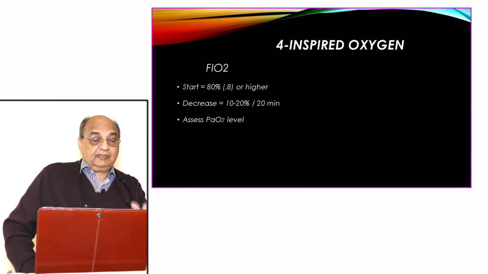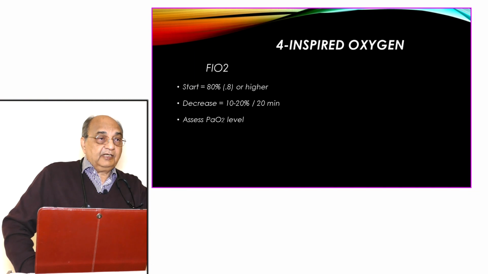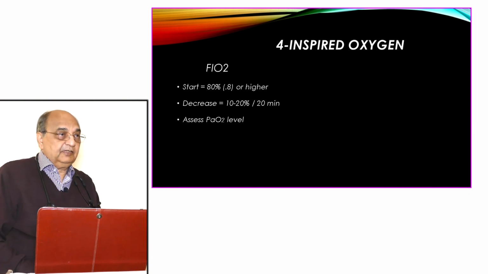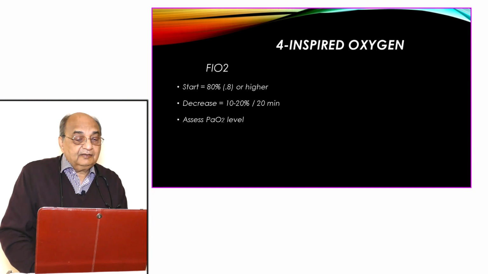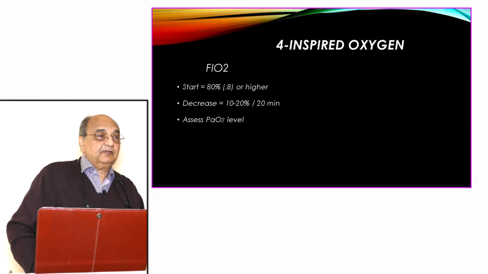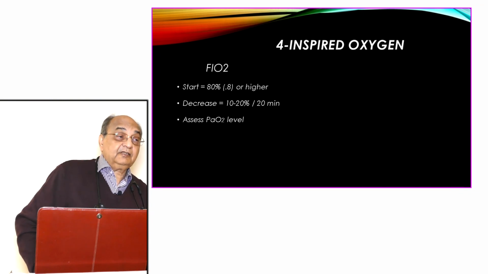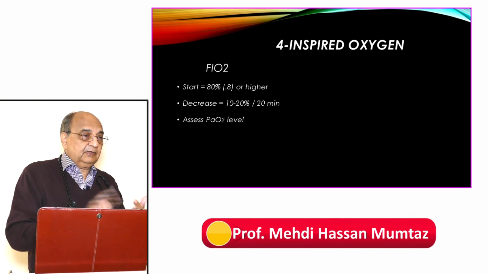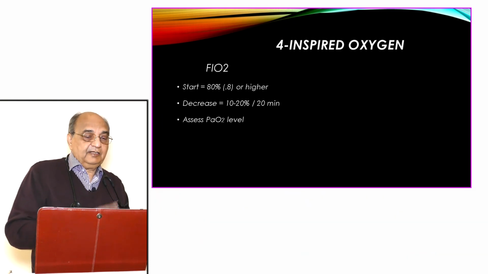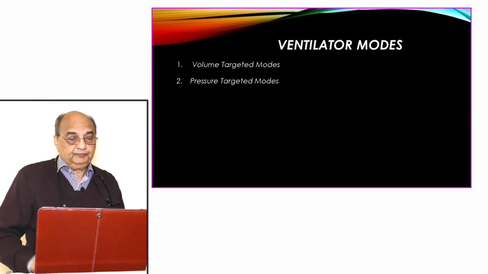So you adjust the rate 12 to 14, you give FiO2 80%, and it's written 0.8 also. 80% means 0.8 out of 1. Then you increase or decrease according to the response on the partial pressure of oxygen in the arterial blood, right? So you have adjusted the mode, you have adjusted the respiratory rate, you have adjusted the FiO2.